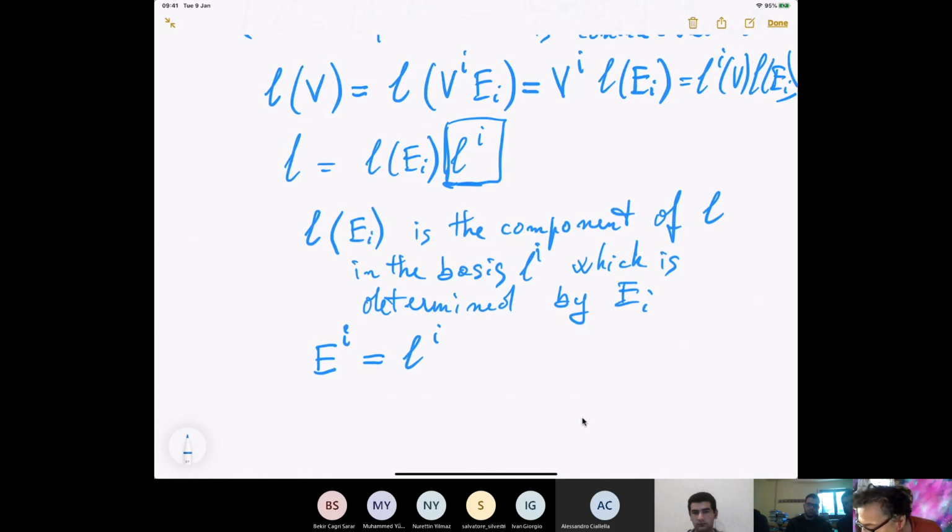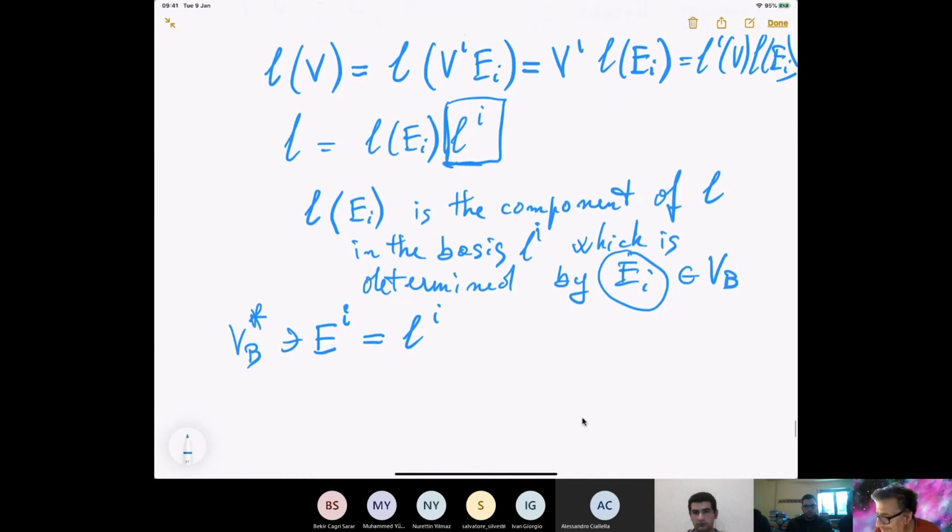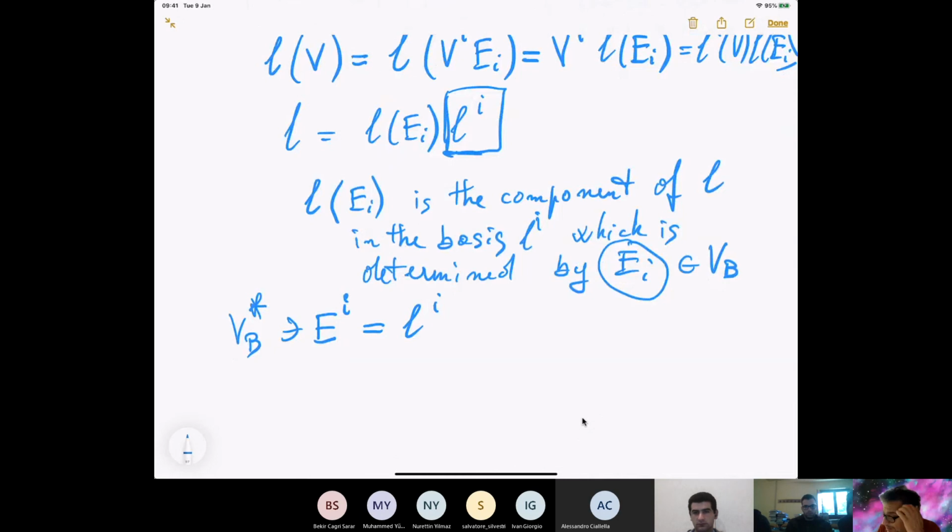This is, in my opinion, misleading, because this vector here belongs to V star B. However, the tradition in linear algebra talks about the dual basis of Ei, and the dual basis is usually written in this way.